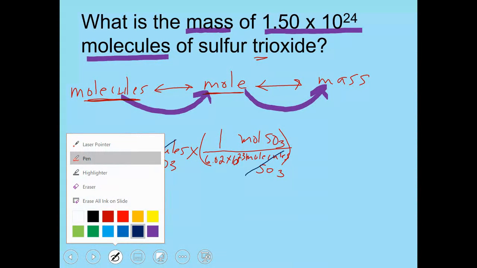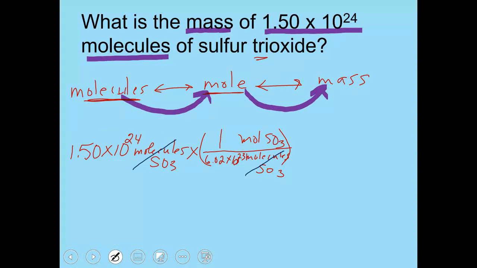But I don't want to stop right there, because we're not looking for moles, we're looking for mass. I'm going to do another step right here to go from moles to mass. Now for that one, since this is a compound, sulfur trioxide, SO3, I need to do a little work.